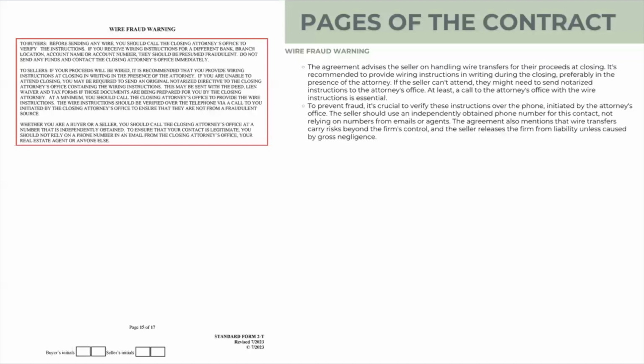To prevent fraud, it's crucial to verify these instructions over the phone, initiated by the attorney's office. The seller should use an independently obtained phone number for this contact, not relying on numbers from emails or agents. The agreement also mentions that wire transfers carry risks beyond the firm's control, and the seller releases the firm from liability unless caused by gross negligence.